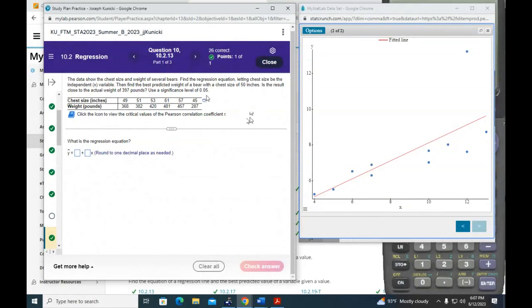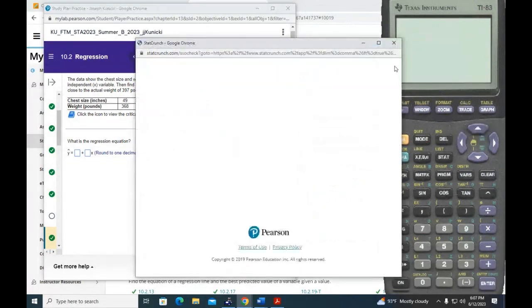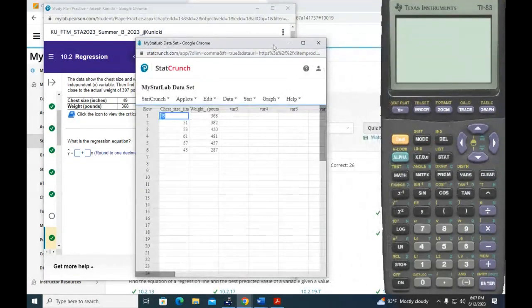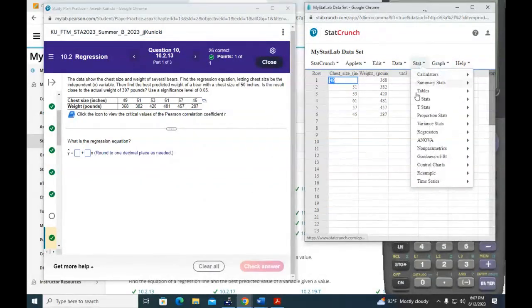Okay, here's the bears, chest size and weight. Six bears. So find the regression equation. Okay, so it's going to be 0.811. You got it already. Cool, that's good.